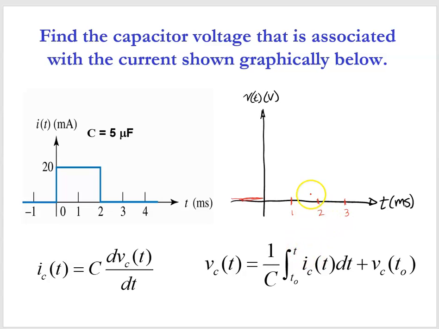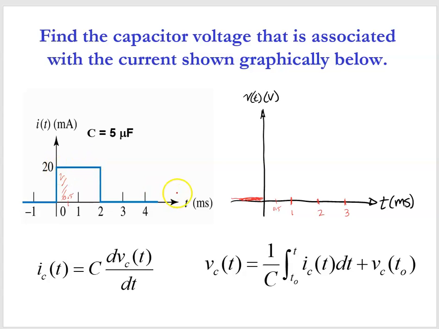Well, what's the voltage going to be at, for example, 0.5 milliseconds or 500 microseconds? It's basically going to be this area under the curve here. So if we put in a 0.5 here, that area under the curve plus the initial, which was 0, so that area under this curve is 0.5 milliseconds times 20. So 0.5 times 20 is 10.